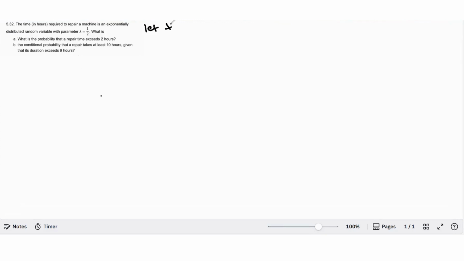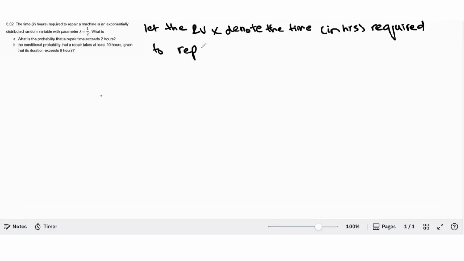Let the random variable X denote the time in hours required to repair a machine. X is exponentially distributed with parameter lambda equal to 1 by 2. So it's the information given at the start of the question.